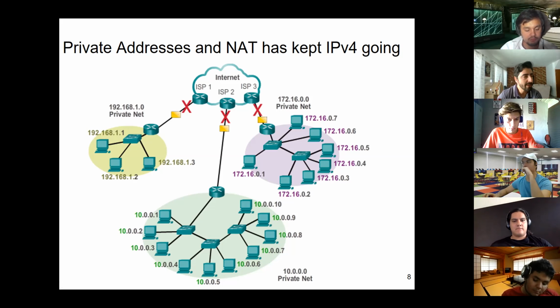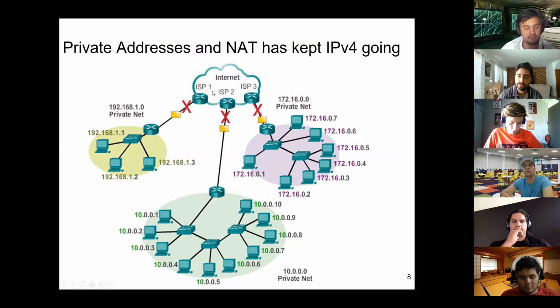The public IP address that you have, that unique one that no one else has in the world, is the IP address that's assigned to your router, not to your phone or your computer at home. So the router forwards the packet to the internet using your public IP address.